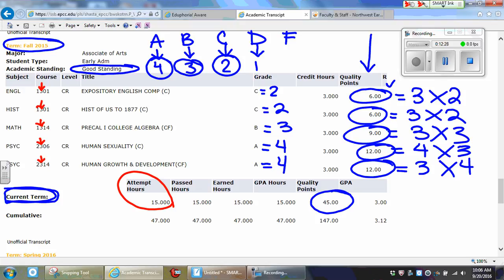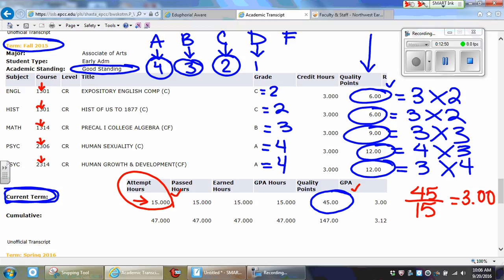So that will give us the 15 attempted hours. So now how do they calculate the GPA? They divided for this semester the quality points, which were 45, right here, divided by the attempted hours, which were 15. And if you divide that, it will be 3.0 or 3.00.